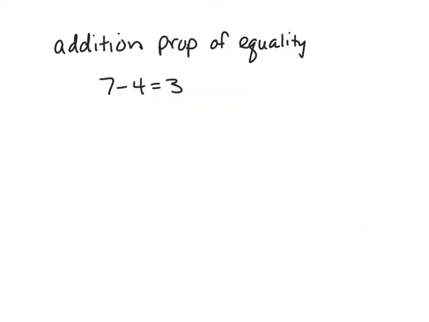All right, and so also there is an addition property of equality. It's the same idea, so pretty easy to pick up from here. If you add the same number to both sides of the equation, the two sides will also remain equal. So it's still that idea of this balanced scale that you have. There's the two sides of the scale, and that equal sign is where we want that to stay balanced.